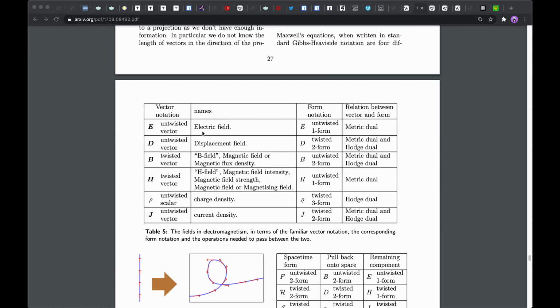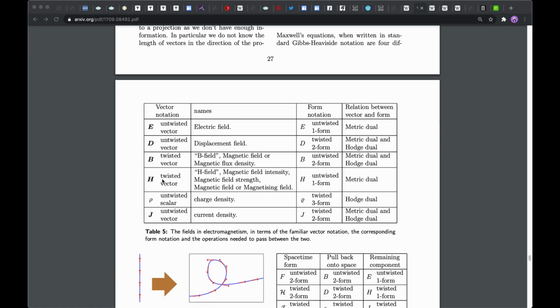We have the electric field, the displacement field, and in the previous article about forms, we also described that as electric field flux density, so it's the same thing as the B, the magnetic field flux density here. And because those are flux densities, they are both two forms, but one here is twisted and the other one is untwisted, so the orientations will differ in that case.